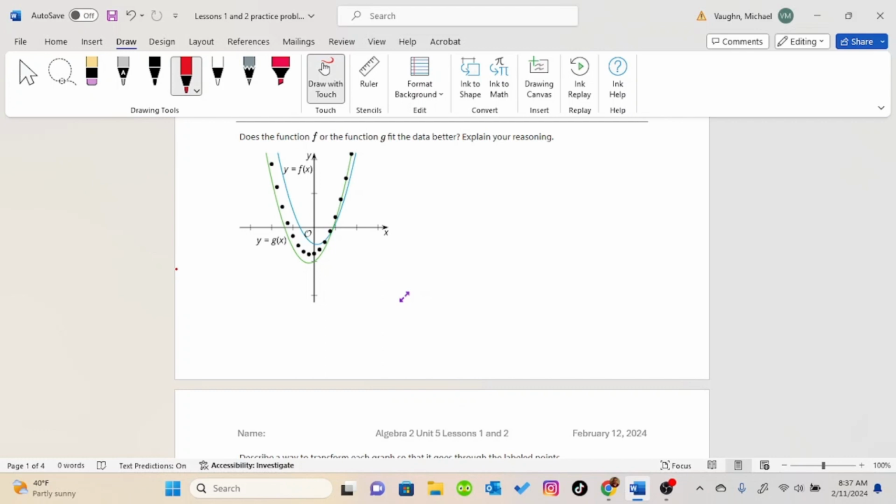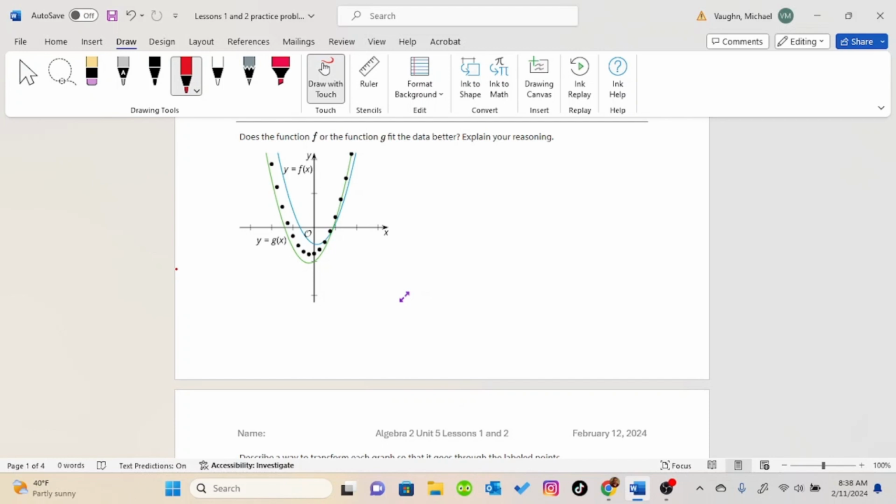So if we look on the right side, G appears to actually go through several of the points on the right side. F seems to go out to the right of these points. So on the right side, it appears that G fits the data better.